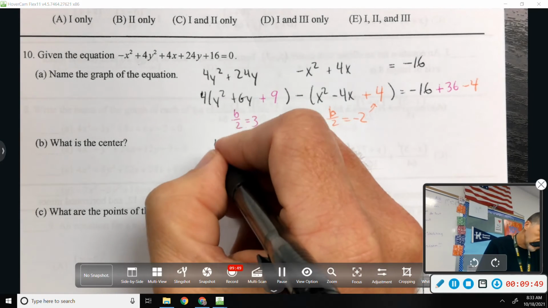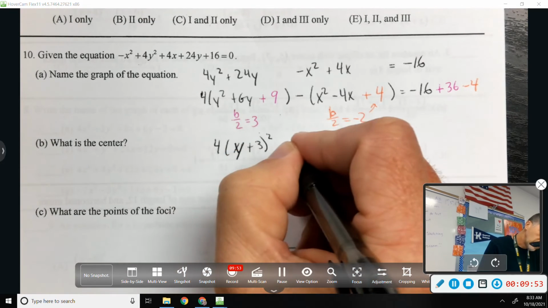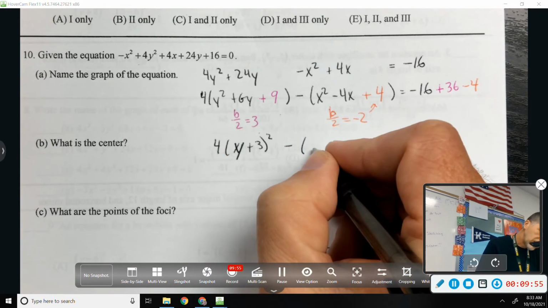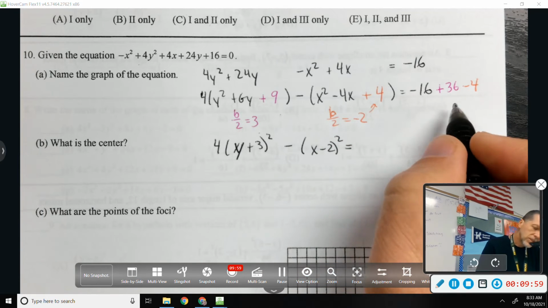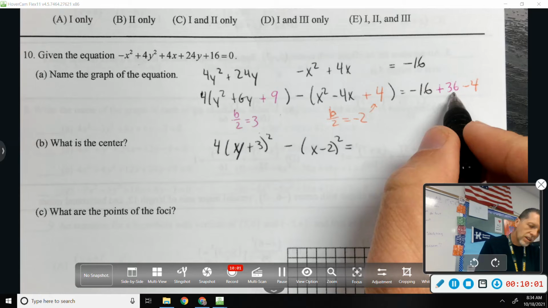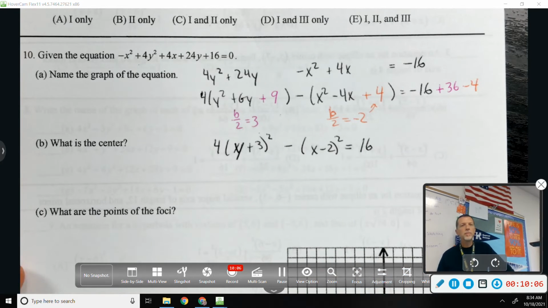So 4 times (y plus 3) squared minus (x minus 2) squared equals 16, which is convenient. What next?